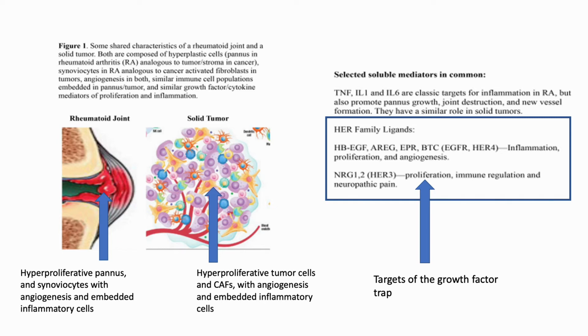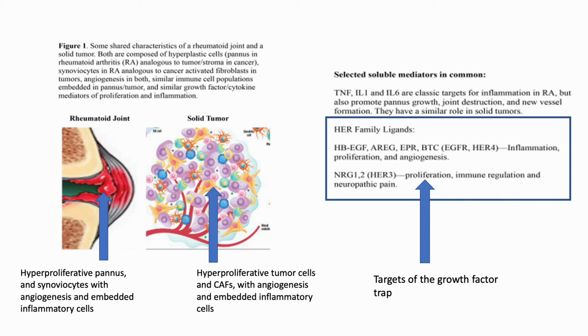Analogous to synoviocytes are cancer-activated fibroblasts in the tumor stroma, tumor cells, neoangiogenesis, also with embedded inflammatory cells.